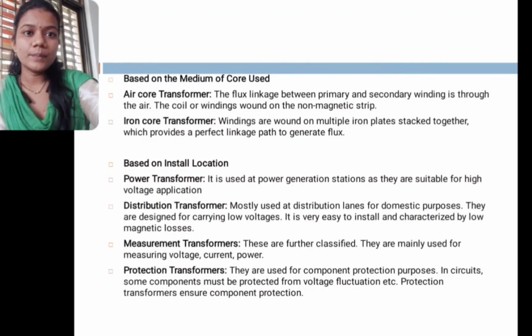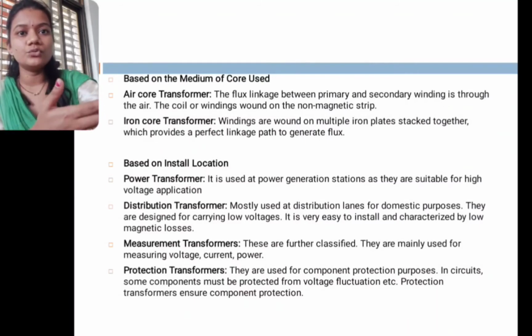Then, based on the core medium used, there are two types of transformer: first the air core transformer and second the iron core transformer. Then, based on the installation location, there are also various types of transformer. First is the power transformer, which is used in power stations.